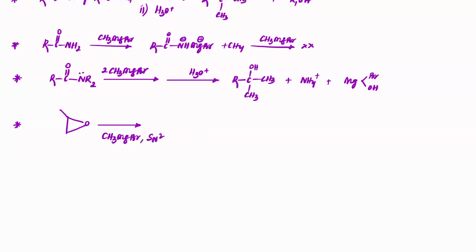Which means the CH3 minus will attack on the less substituted side, open the bond up, and you will end up getting O minus MgBr plus, and on final hydrolysis you will get this as alcohol, right? This is the product formation. Got it?